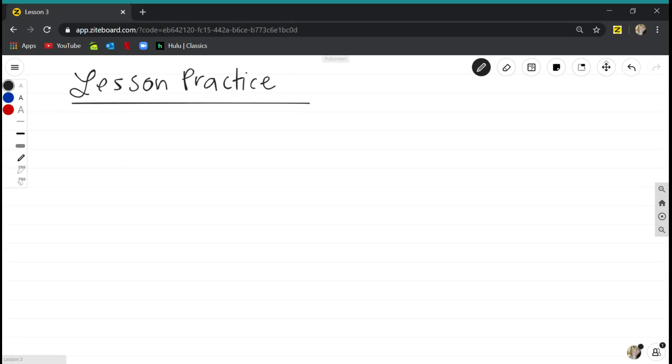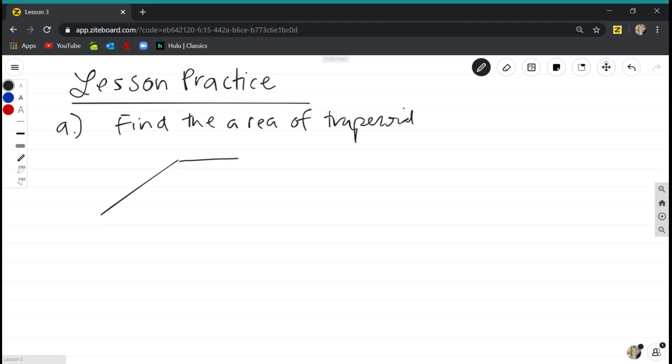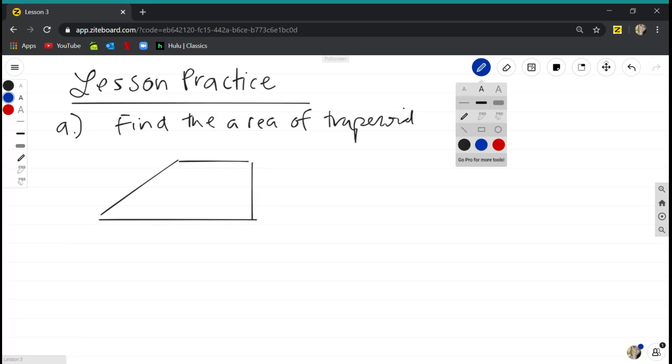Lesson practice, and this one's A. It says, find the area of the trapezoid. Okay, so our trapezoid looks like this. Oh gosh, that's ugly. Right? And it's labeled as the following.